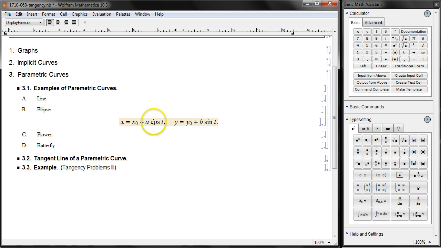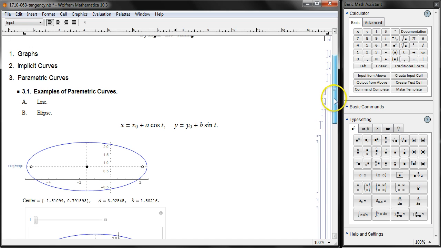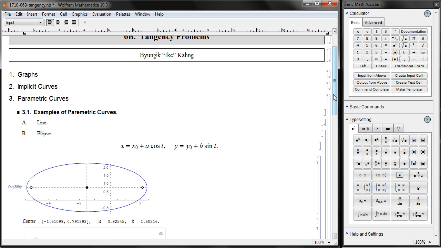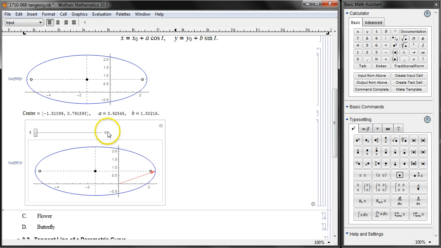Next, an ellipse. x as a function of t is x0 plus a cosine of t. y is also a function of t, y0 plus b sine of t. And consequently, we have a curve, and it turns out to be an ellipse. As a matter of fact, I think we can visualize this thing.